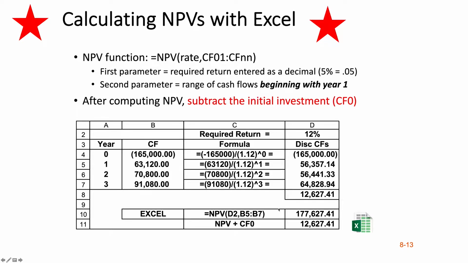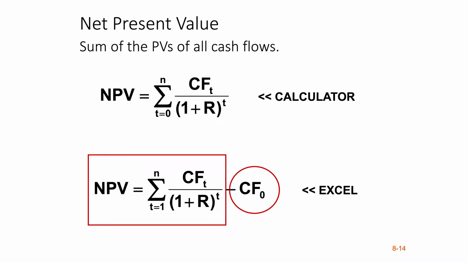Do not start from the CF0. You're starting from CF1. Now be careful about this. I think there is an Excel spreadsheet example in the textbook. You need to go over that. So in Excel, you literally have to subtract the cash outflow from all the cash inflow using this whole formula.